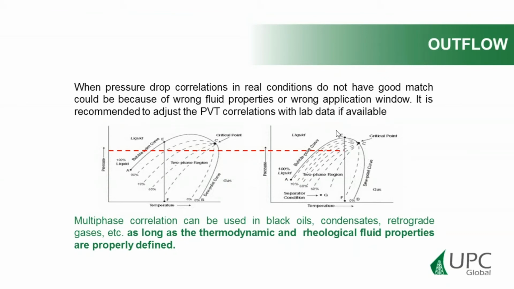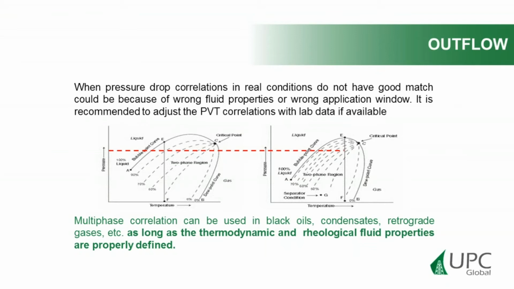Meanwhile, for the other PVT, you have about 50%. That will change the density a lot. And if you have the density wrong, you're going to have a big error in the pressure drop computation.